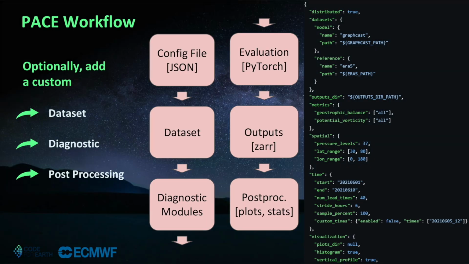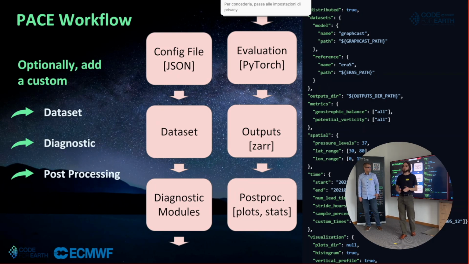From that, the dataset is initialized, the modules are computed, and the outputs are gathered. We are using PyTorch as our backend, and the outputs are stored inside a Zarr archive for efficient storage and efficient use for later post-processing. We also have some post-processing modules implemented, but again, those can be added later or externally on the outputs.